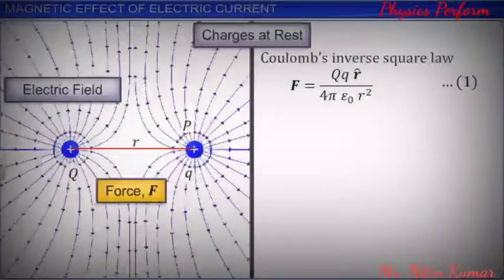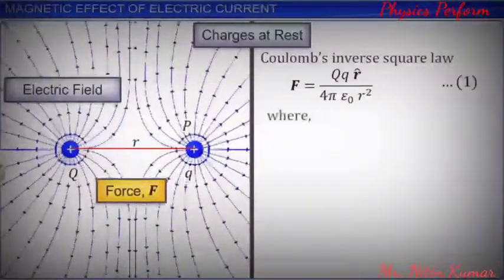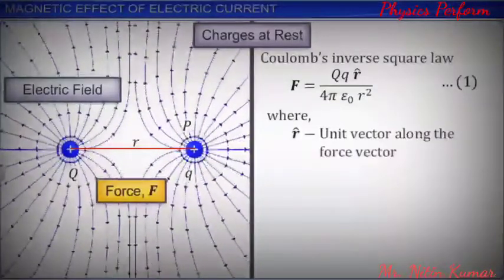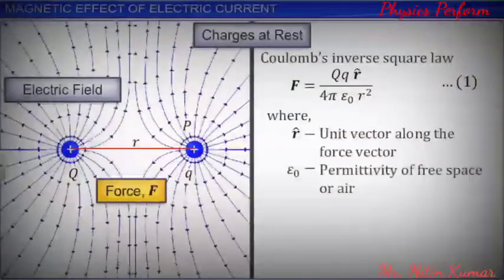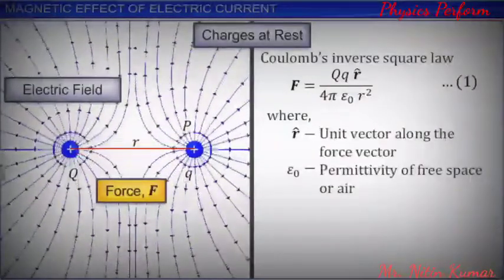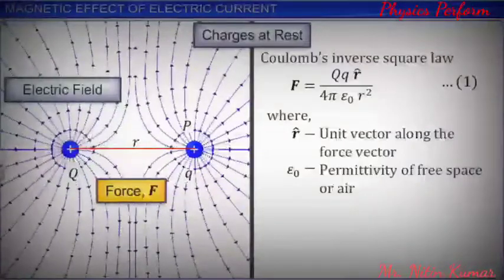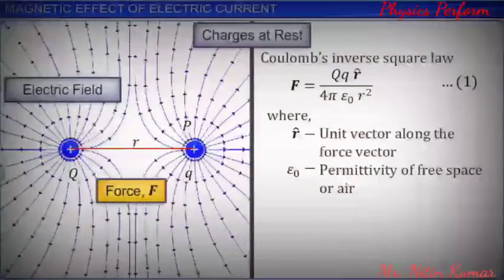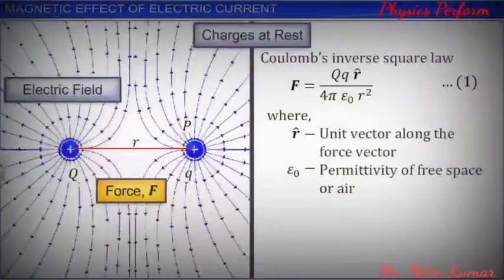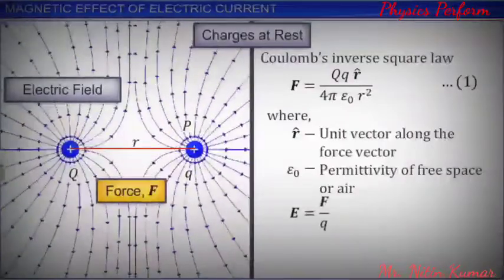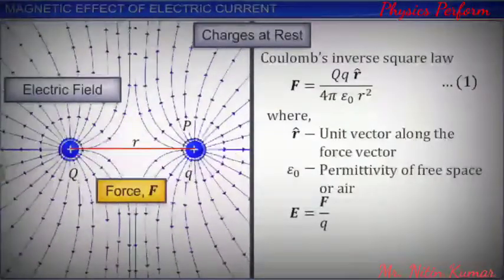Let this be equation 1, where r cap is the unit vector along the force vector and ε₀ is the permittivity of free space or air. Then the intensity of the electric field at point P is denoted by E = F/q.